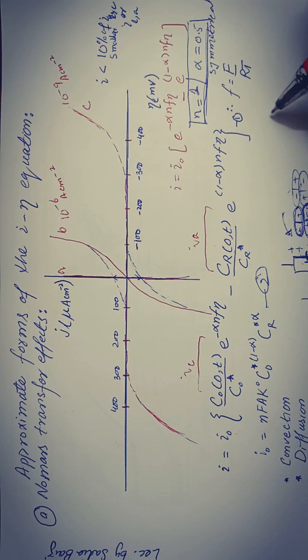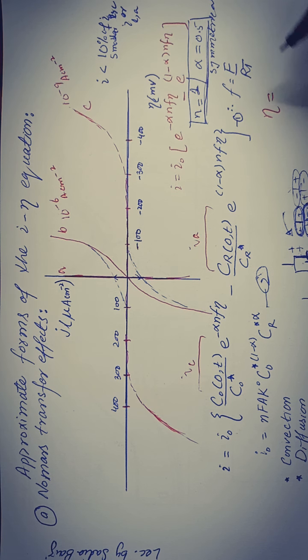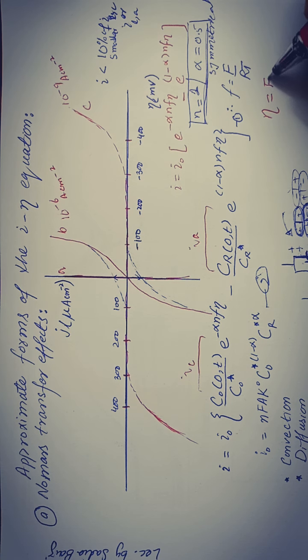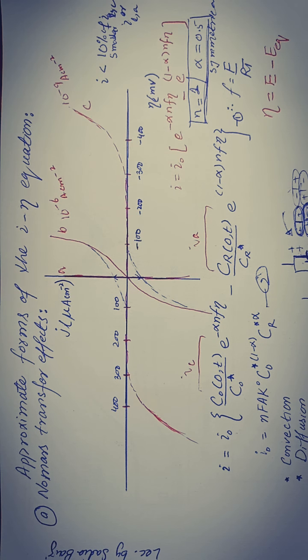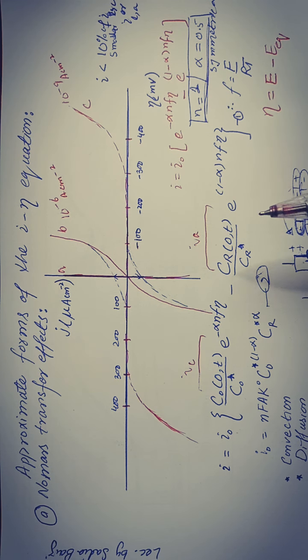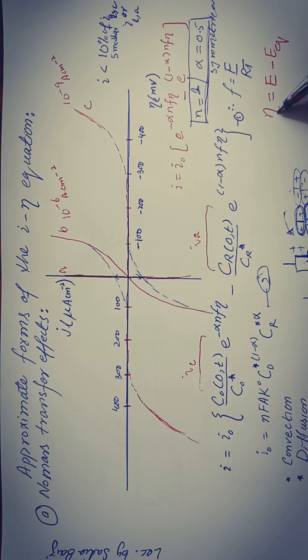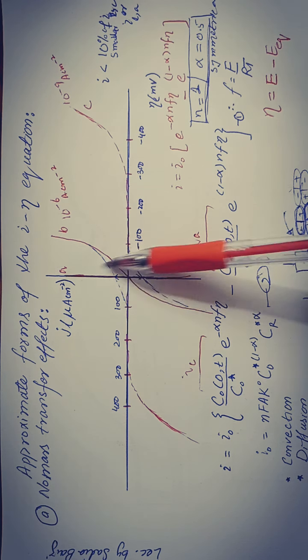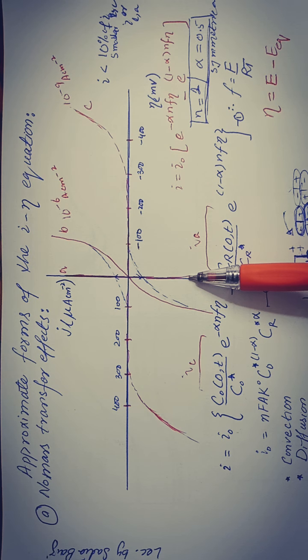Here one more thing is needed to remember, that the over potential or eta is equal to the difference of applied potential and equilibrium potential. So in each case, since the mass transfer effects are not included here, the over potential is associated with any given current given at the y-axis.